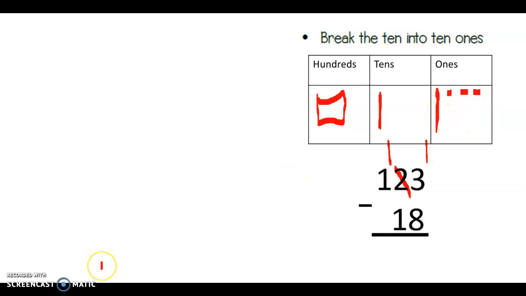Well, I can't have a 10 in the ones place. I have to break it up into ones. There are 10 ones in a 10. So 10 ones equals a 10. So I'm going to now represent the 10 with my 10 ones.